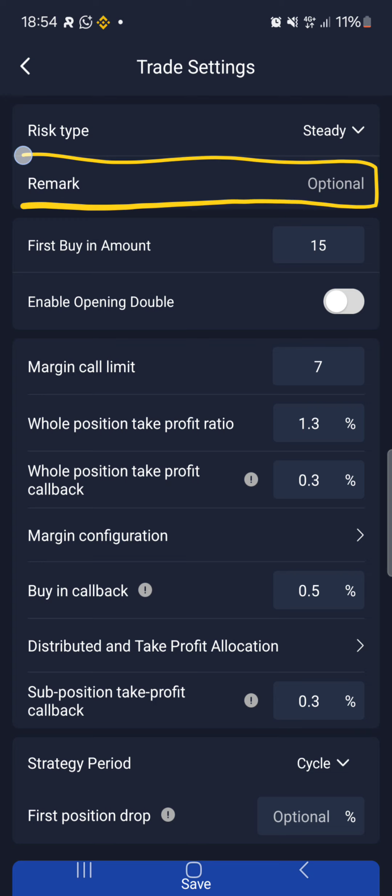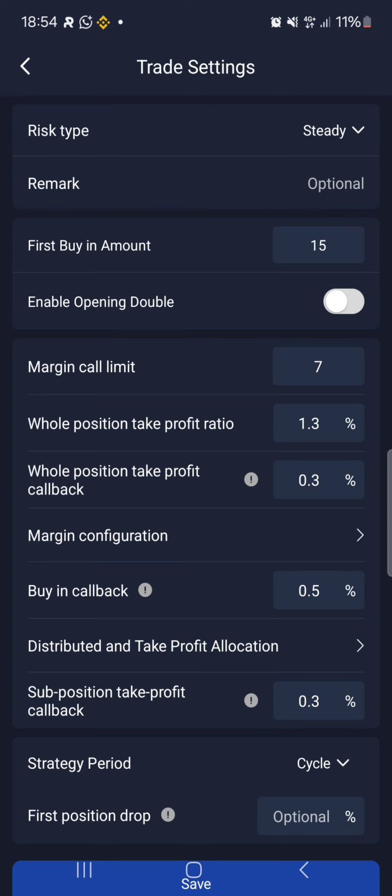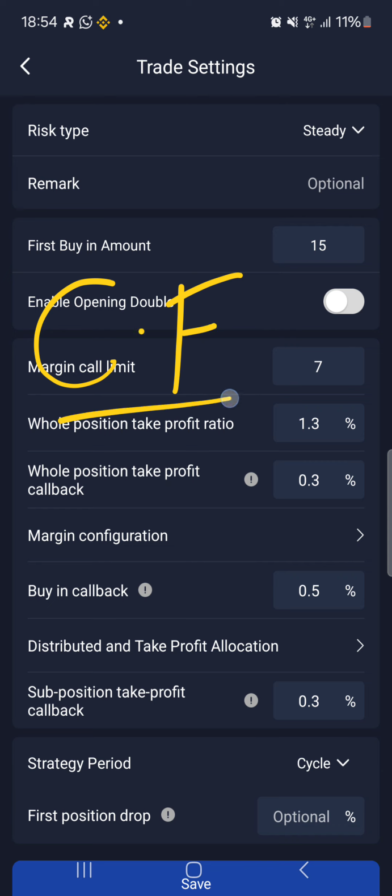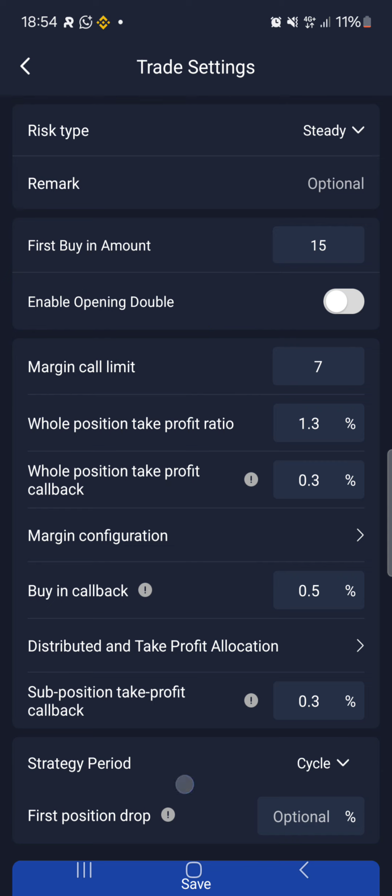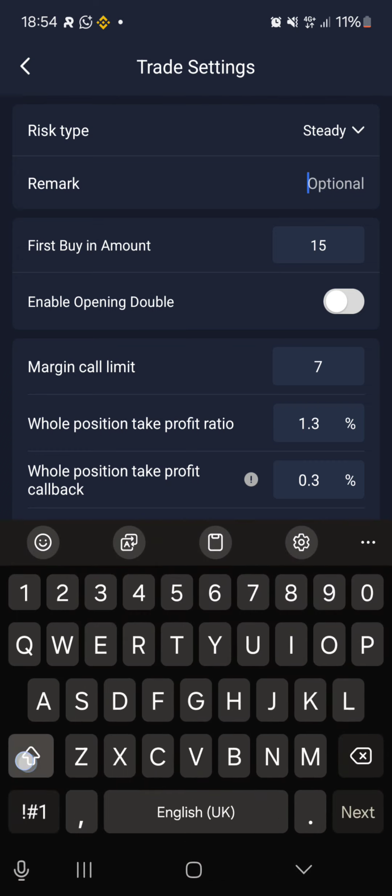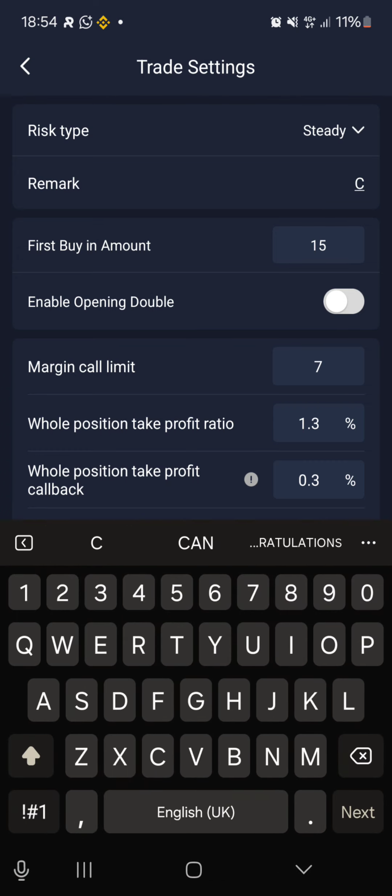Then I'm going to put here the name of my strategy. What do I want to call my strategy? I'm going to use the code C, standing for capital, and F, standing for first buy in amount. So C is capital, which I'll put as capital C105.